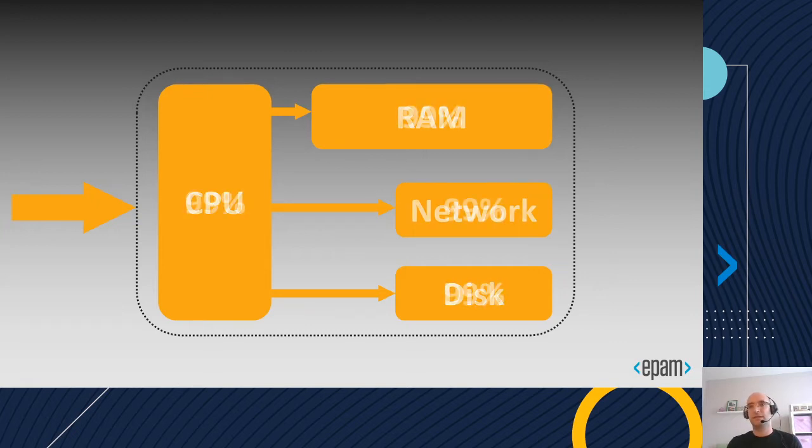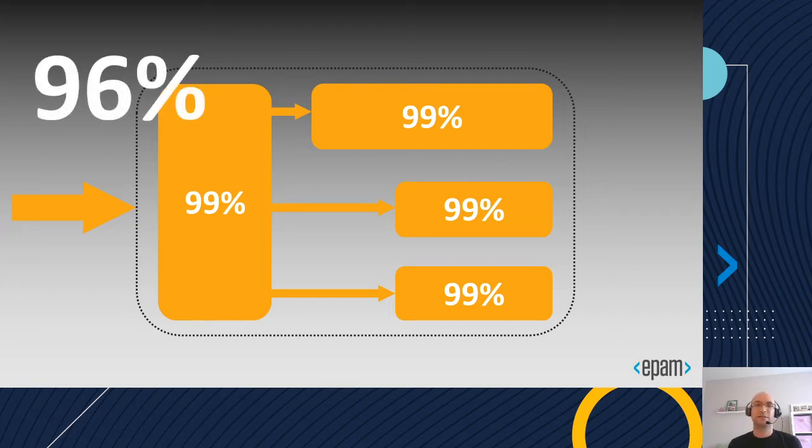Now let's say that, in theory, each component has 99% availability. It might be more in reality, but let's say that it's just like that. So this gives us a graph of dependent components, and the total availability can simply be counted, and it's just going to be 96%.